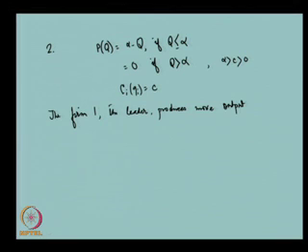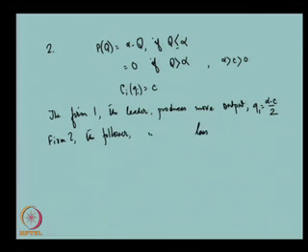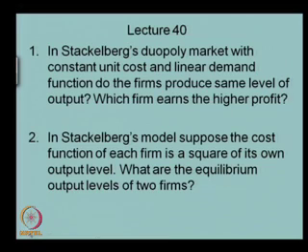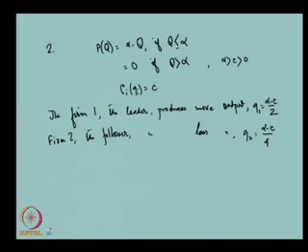It is given by q1 = (alpha minus c) divided by 2. Firm 2, the follower, produces less output, given by (alpha minus c) divided by 4. Okay. So, there are differences in output levels. Which firm earns higher profit?